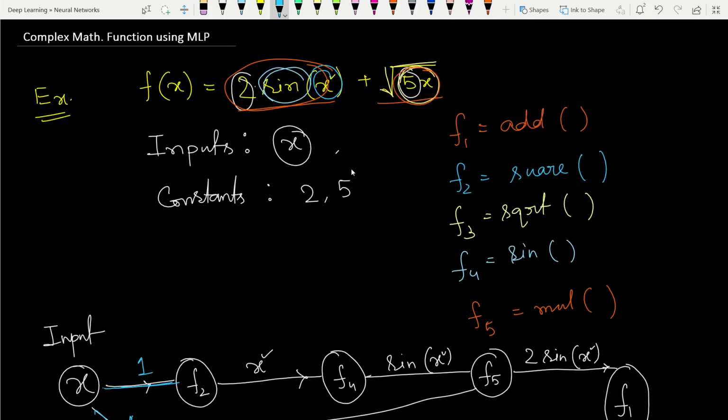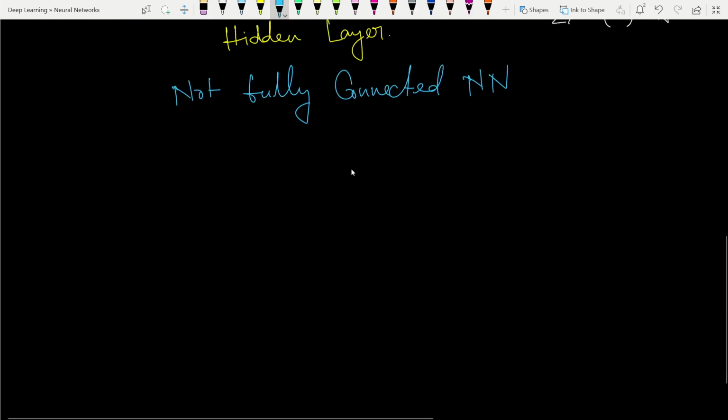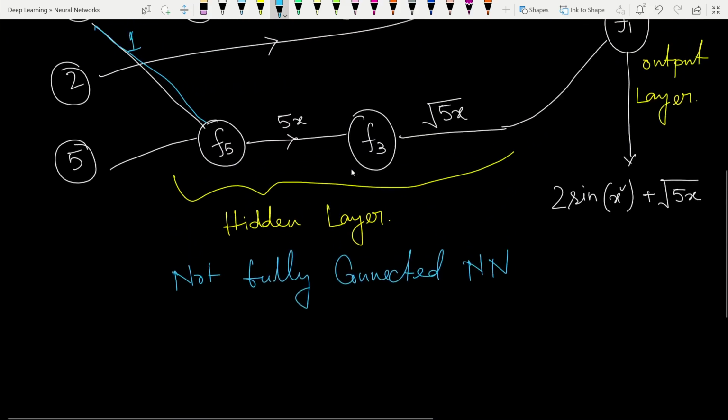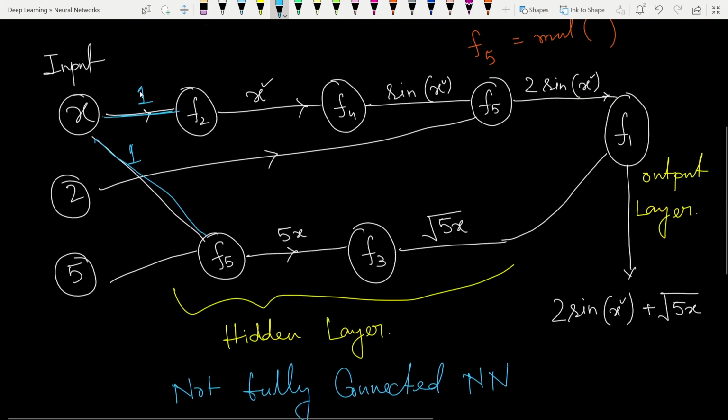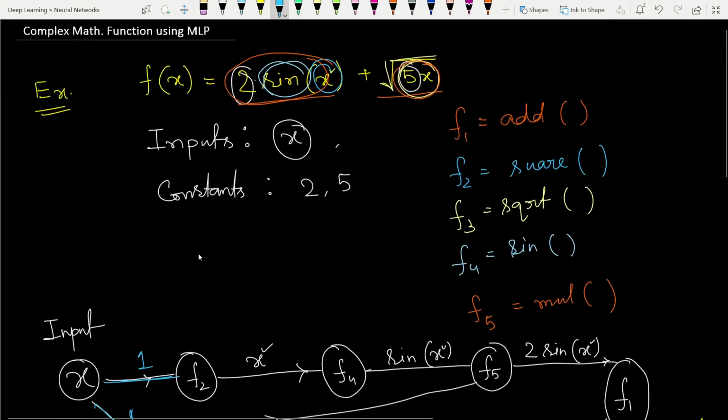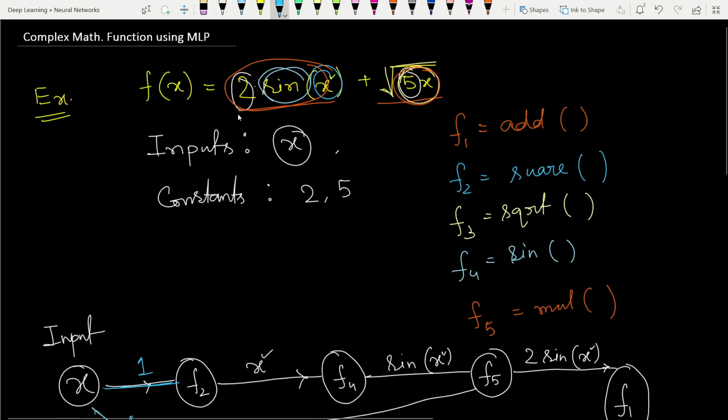And one thing, guys, I want to tell you: this multi-layer perceptron is the graphical representation of that one, but these equations we can also represent as a composition of mathematical functions. If we make the composition of these mathematical functions, we can also represent this thing.